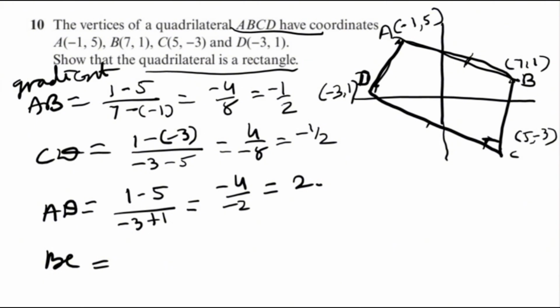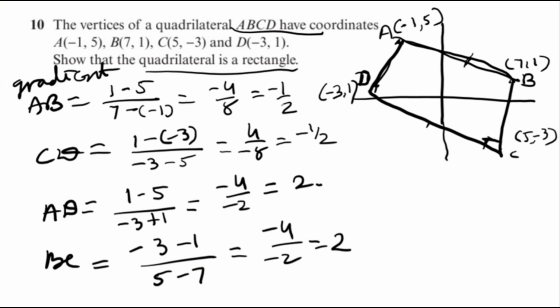The gradient for BC is equal to minus 3 minus 1 over 5 minus 7. So minus 4 over minus 2 will give you 2. So I can say these two gradients are the same and these two gradients are the same. That means these two sides are parallel and these two sides are parallel. So we proved it.